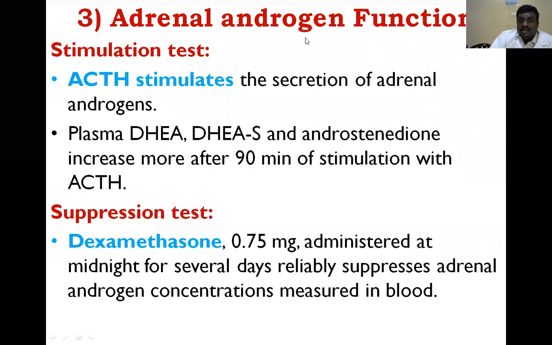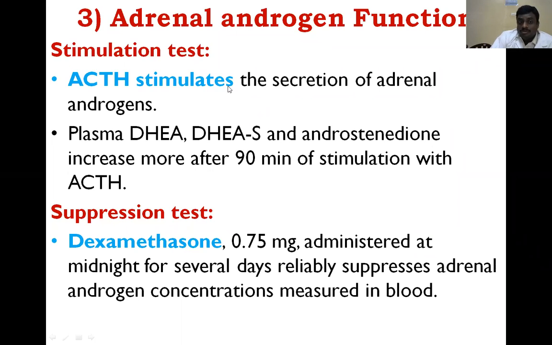Next one is adrenal androgen function. This is produced from the third layer, zona reticularis. Again, two types of tests are present: stimulation test and suppression test. In the stimulation test, we provide adrenocorticotropic hormone, which stimulates the secretion of the adrenal androgens.